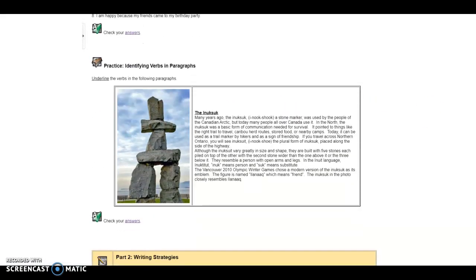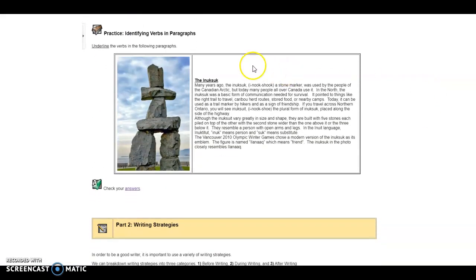The second practice exercise for verbs is going to ask you to go through paragraphs. So there'll be 3 paragraphs here, and you're going to be asked to underline the verbs inside the paragraphs. Again, you can click on answers afterwards to make sure that you've identified all of the verbs. If you have any trouble with verbs, please let me know.